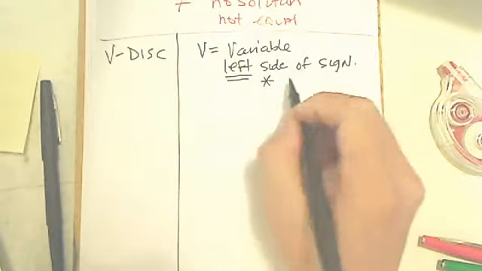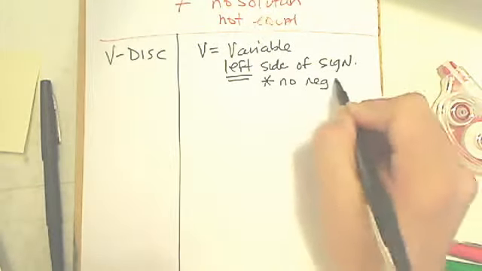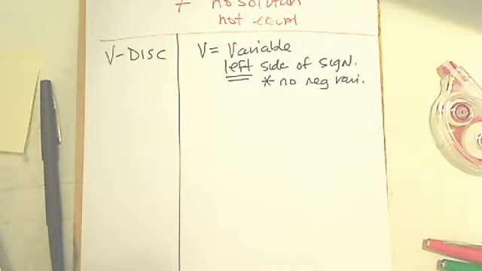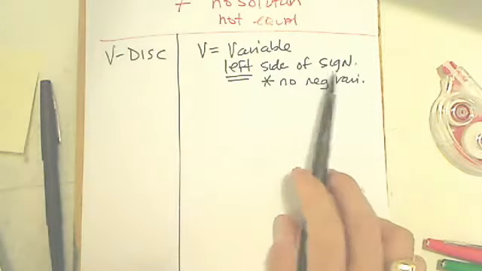No negative variables. It must be on the left side. The sign is now on the left side. You have to somehow figure out a way to move the variable to the left side of the sign.